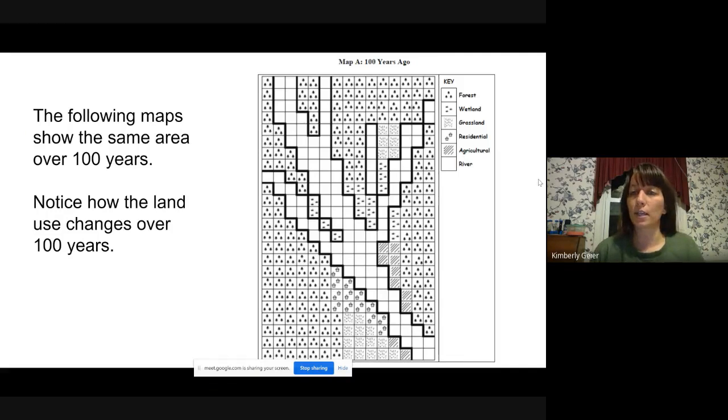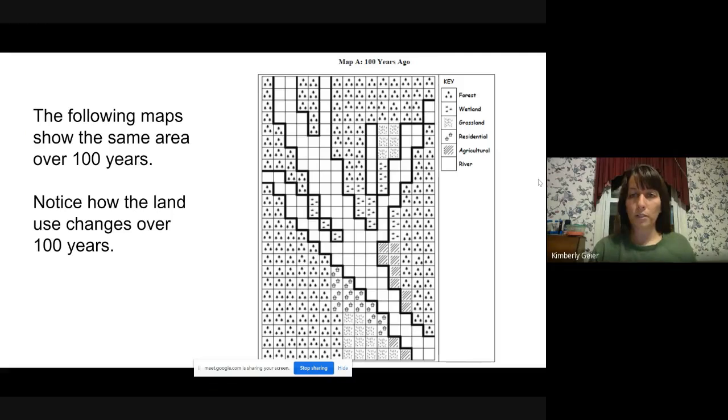You can see the key, and these maps are coded with forest, wetland, grasslands, residential, agriculture, and river. If you have your book, the pages are 222, 223, and 224 for the maps.